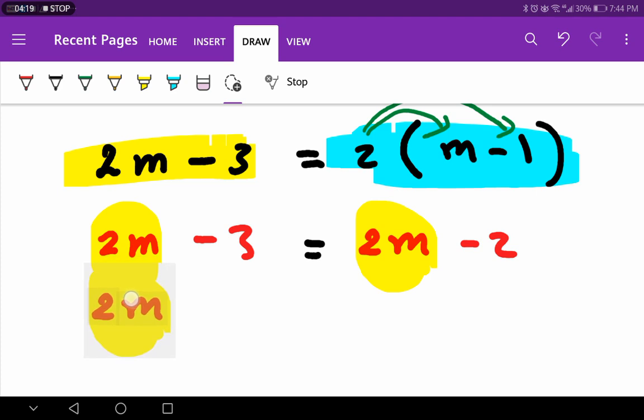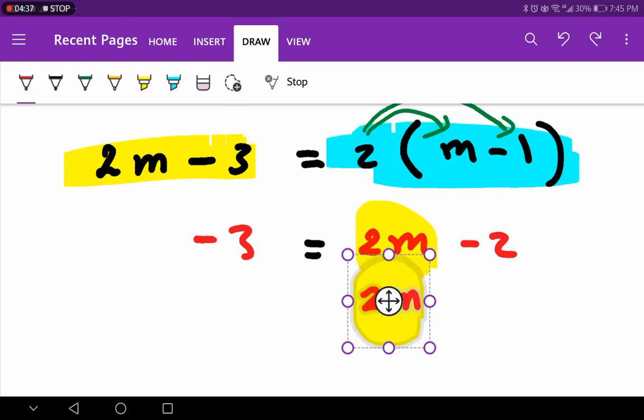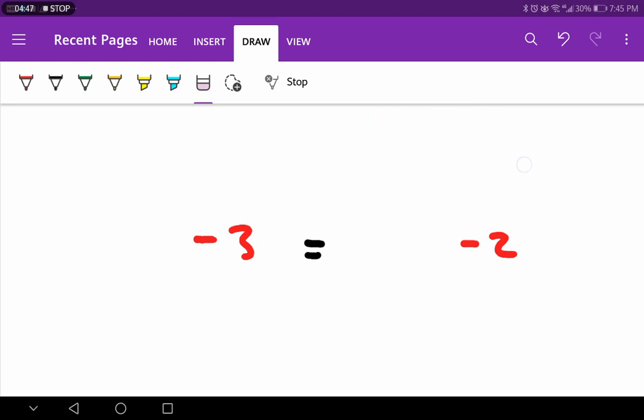Or if I throw the other one, I get the same answer. This will be eliminated, 2m and negative 2m, and at the end I get negative 3 equals negative 2.